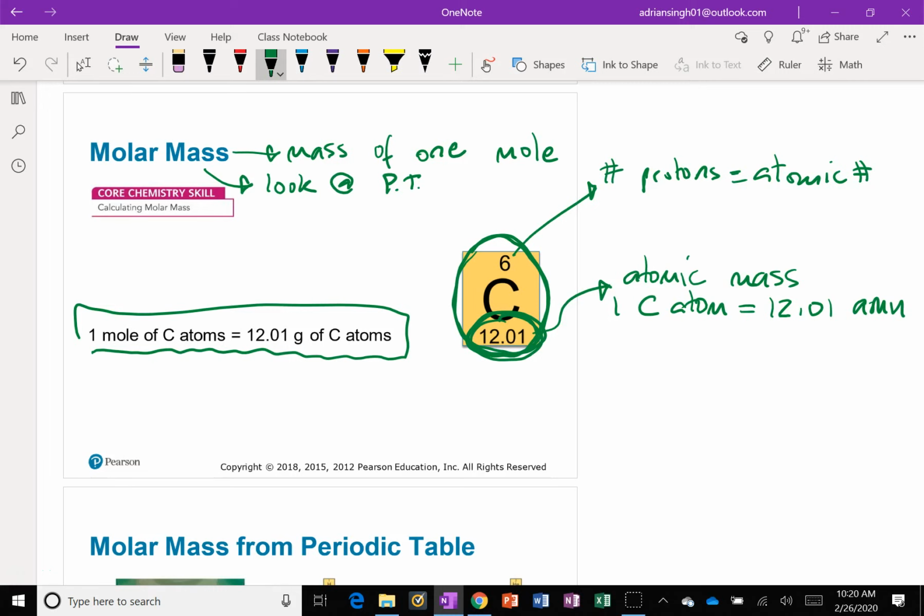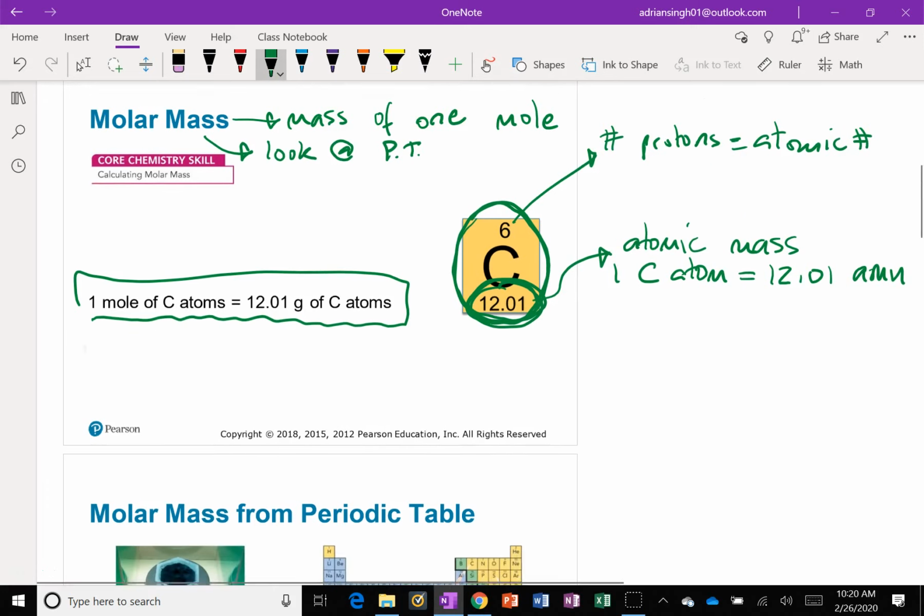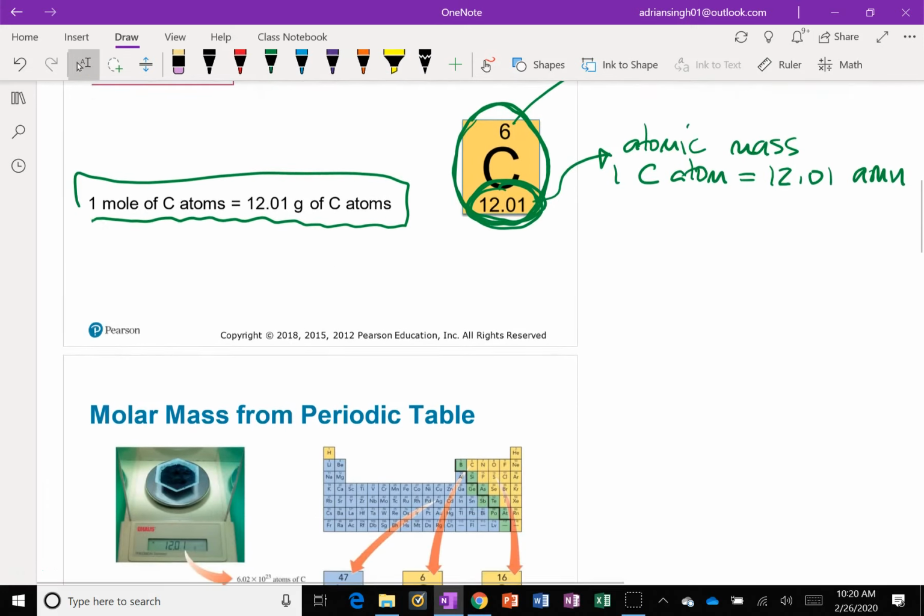So the mass of 1 mole of any element you can think of is found on the periodic table. Is that number underneath? It's usually a decimal number. Right? So 1 mole of carbon atoms would have a mass of 12.01 grams. That's set up as an equality again to show you that you can take that and turn it into what?